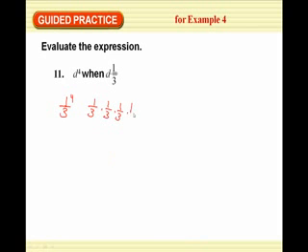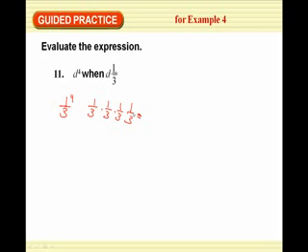All right, we're still doing guided practice. Evaluate the expression d to the 4th when d equals 1/3. So that's going to be 1/3 to the 4th. So 1/3 times 1/3 times 1/3 times 1/3. And we got to remember about fractions. It's top times top, bottom times bottom.